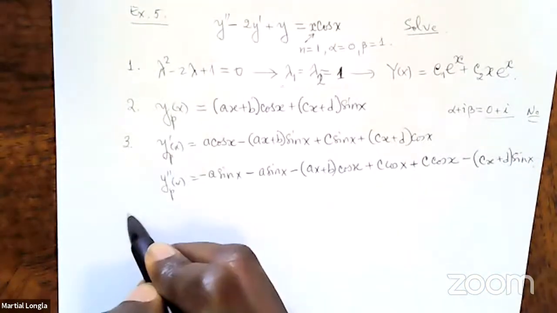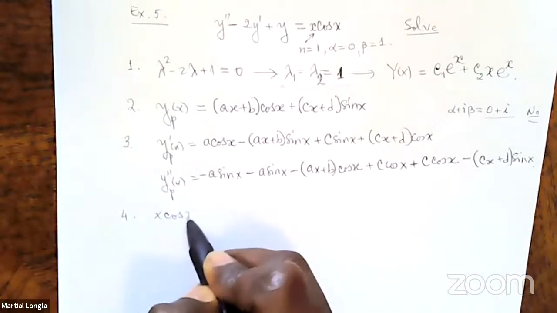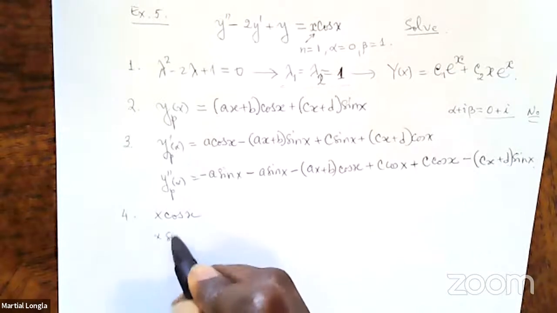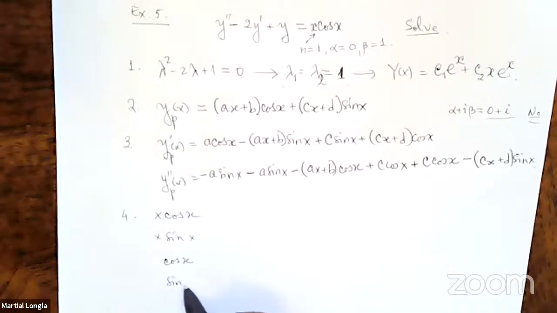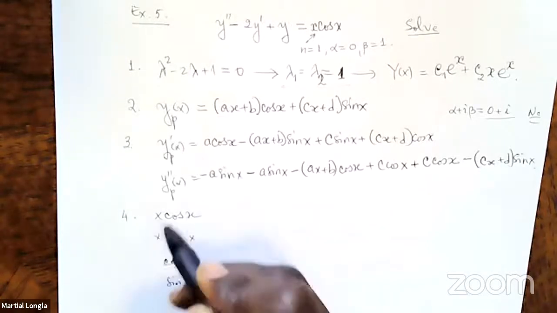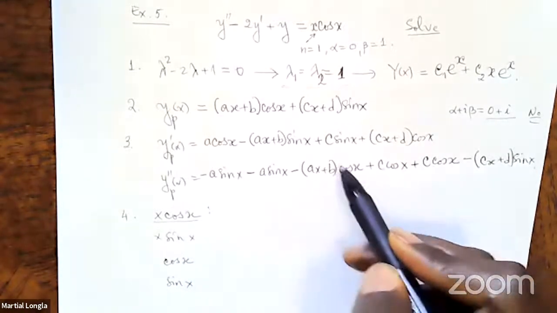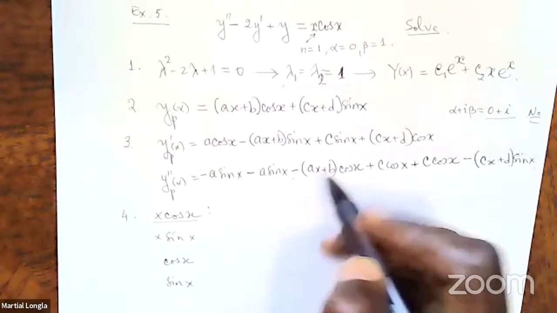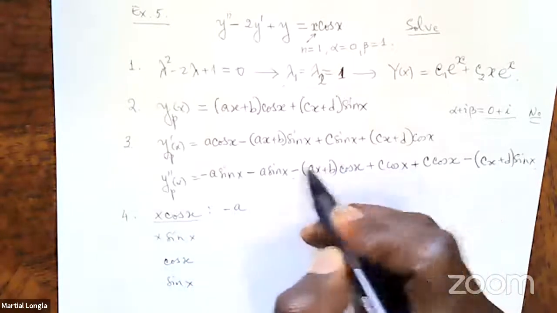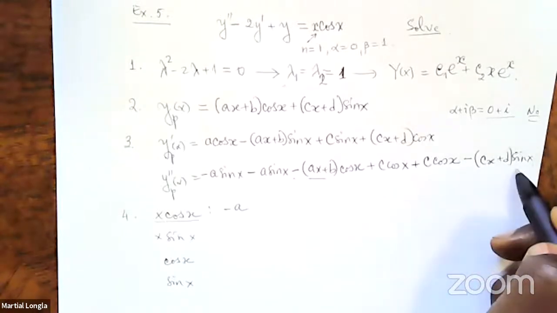And now you need to plug into the equation and track the coefficients of x cosine x, x sine x, cosine x, and sine x in this order. So for x cosine x, what do you get? You look at the second derivative, and you look for x cosine x. You get one here, that's minus a, and none here.